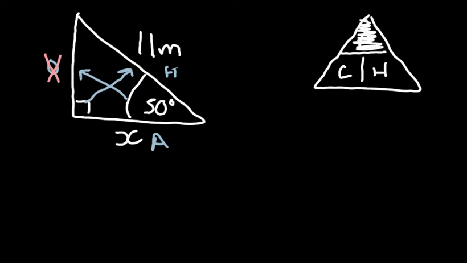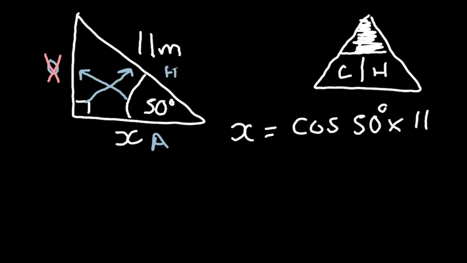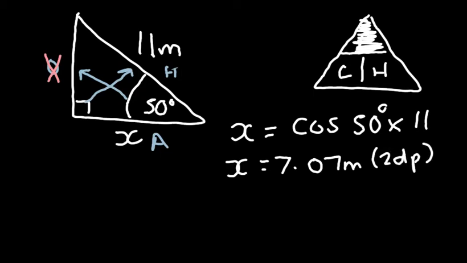So I get rid of that, and it tells me to find the side I'm looking for, to do cos 50 times the hypotenuse, which is 11. So this one I don't know the answer to, so I'm going to put it in my calculator. And I get 7.07 meters, and that's to 2 decimal places.